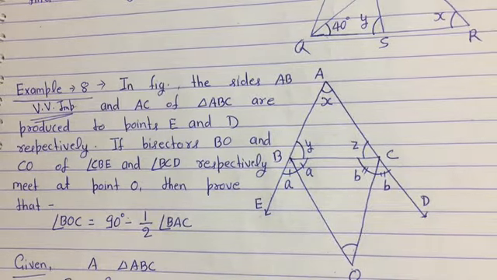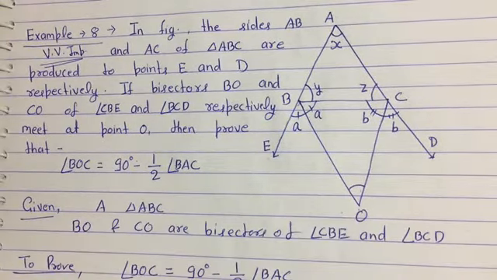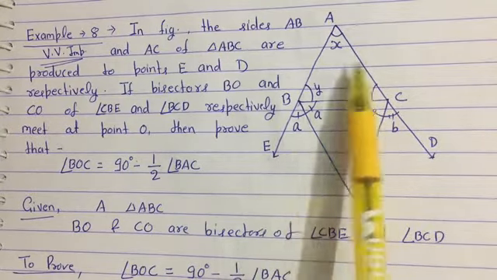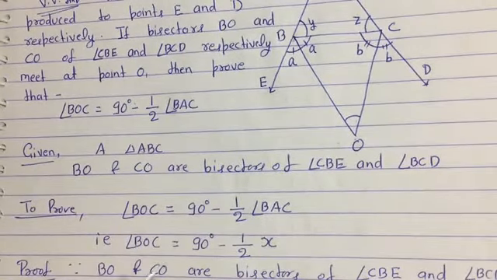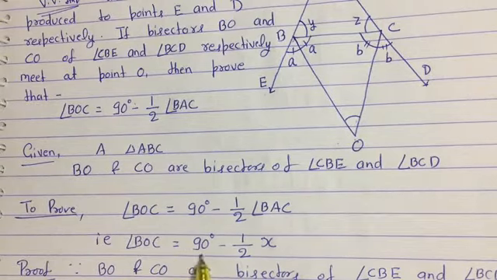Okay. Because angle BAC means this angle A, which is written as X, we can also write it as angle BOC is equal to 90 minus 1 by 2 X.